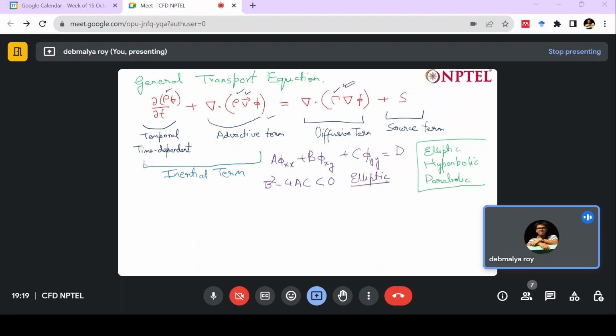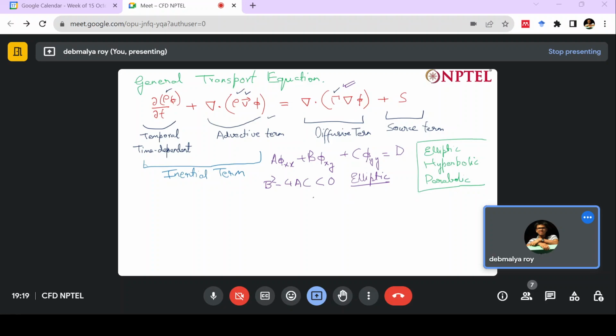What happened in these cases? If we had an elliptic equation like this, then our information would travel across the x and y directions at infinite speed.